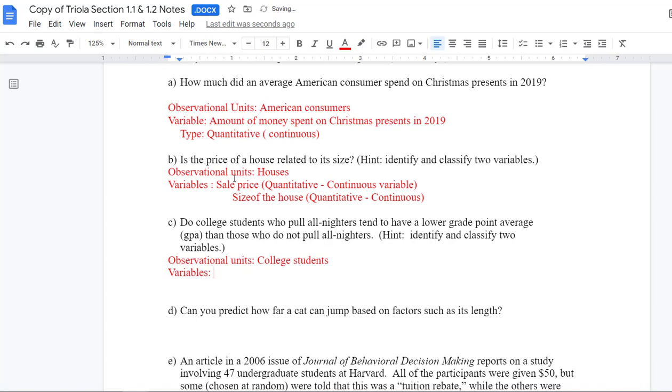What's one variable? It looks like we're looking at GPA and all-nighters. So let's start with GPA. And what is this? Quantitative or categorical?